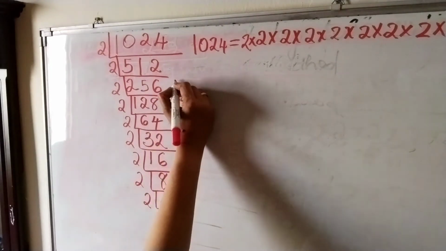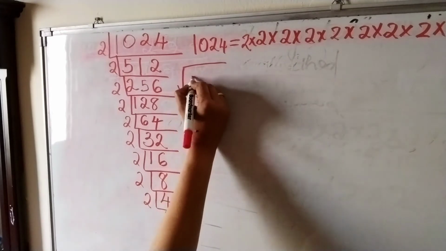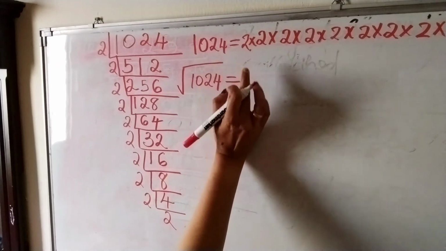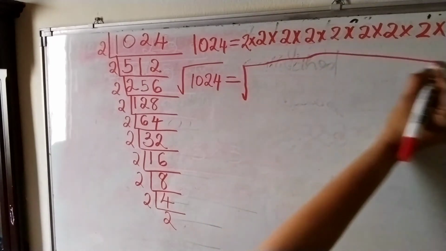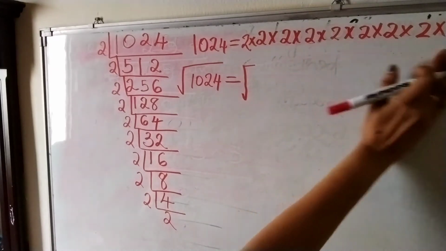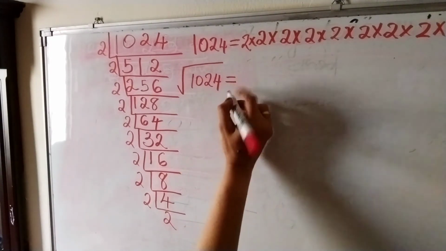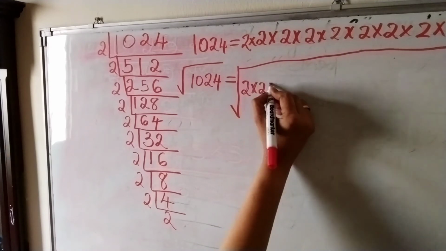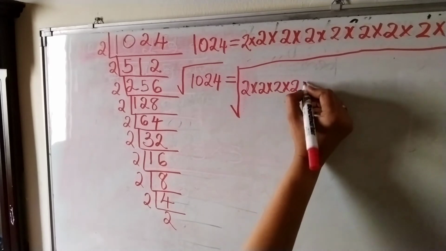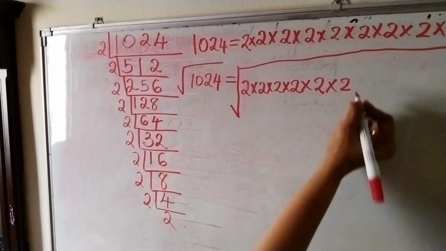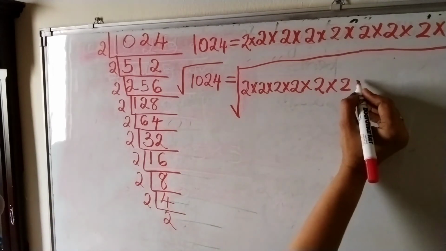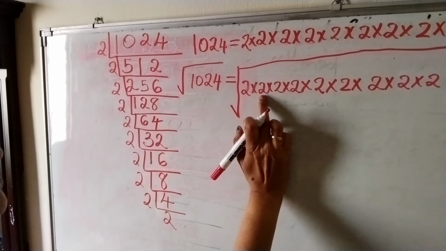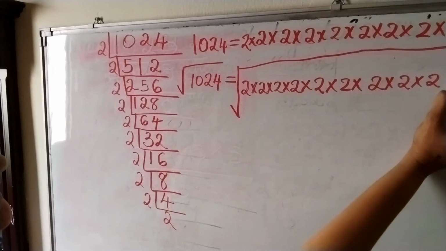Then we have to find the square root of 1024, which is equal to root of 2 into 2 into 2 into 2 into 2 into 2 into 2 into 2 into 2 into 2.